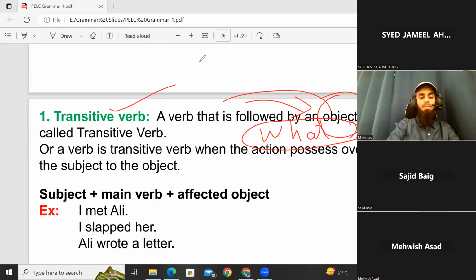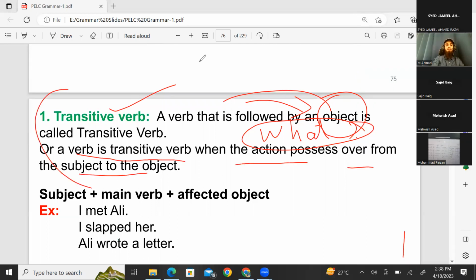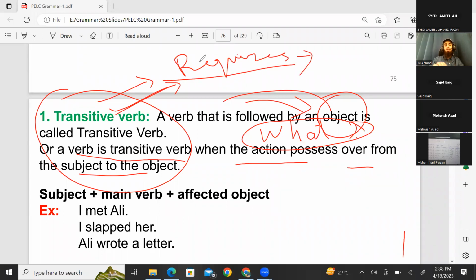A verb is transitive when the action passes from the subject to the object. For this transitive form of verb, just keep two things in mind: it requires an object. Even if you don't use the object, this is fine. But if a sentence requires an object, you should be aware that this verb is called a transitive verb.